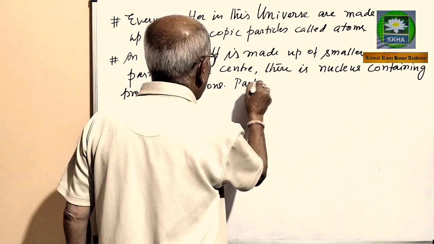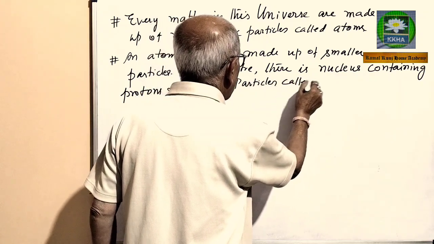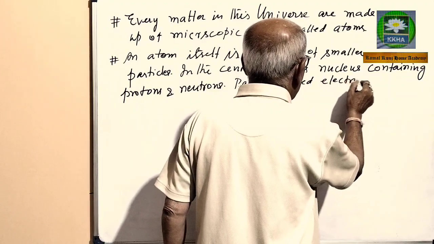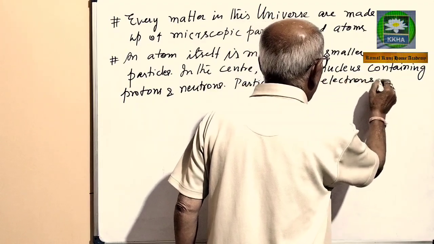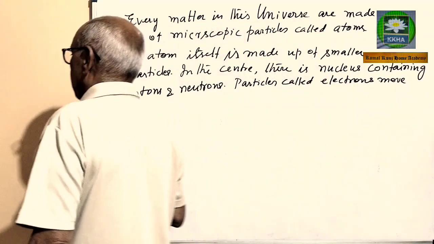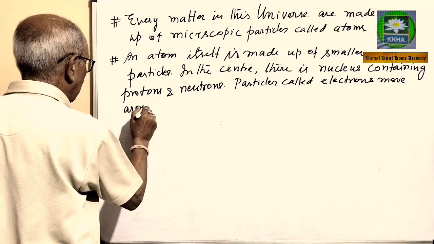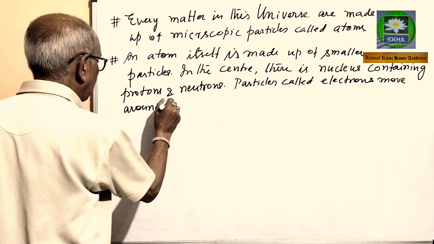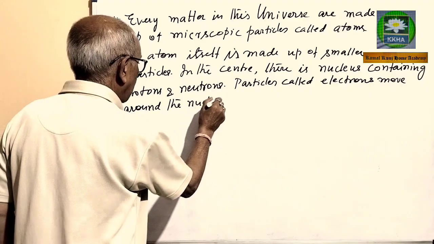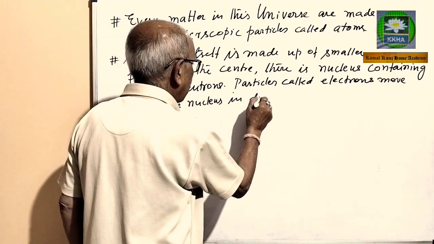Particles called electrons move around the nucleus in different shells.